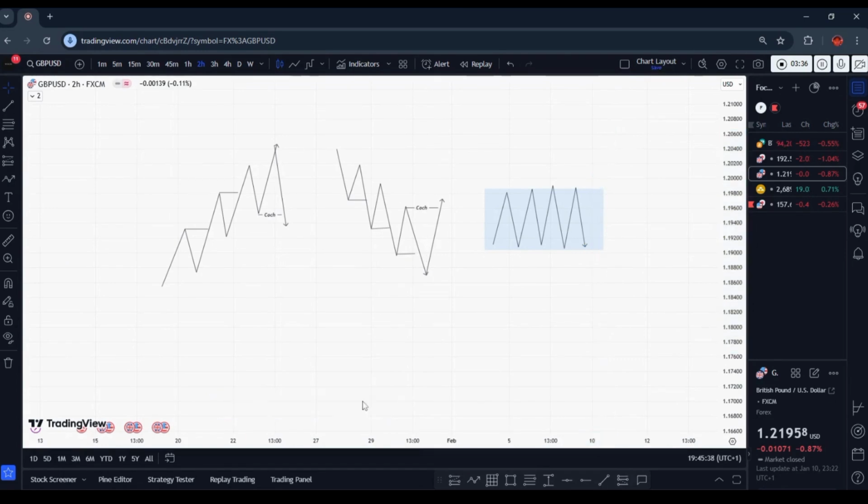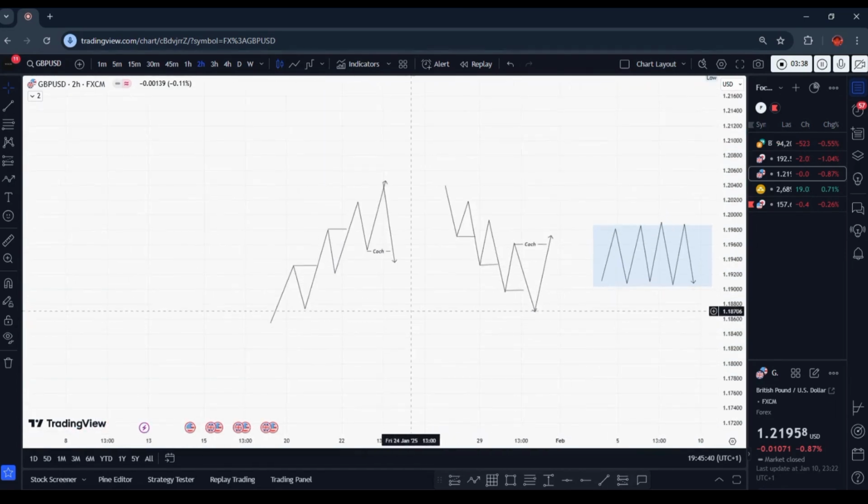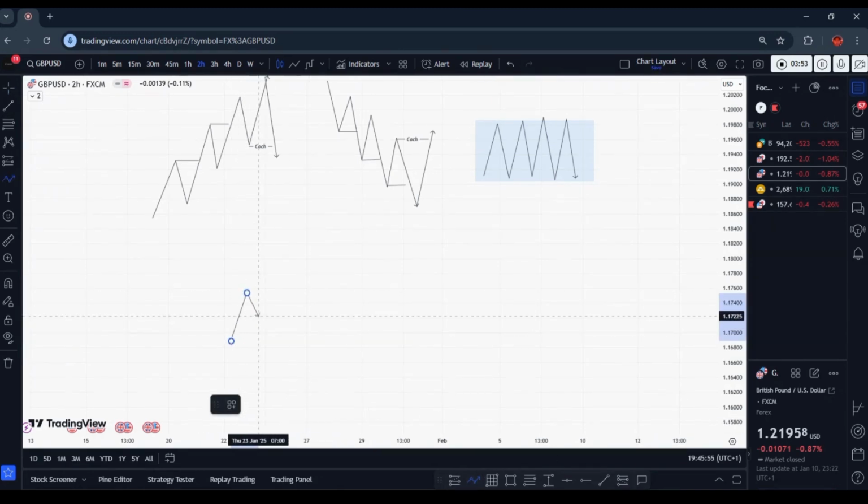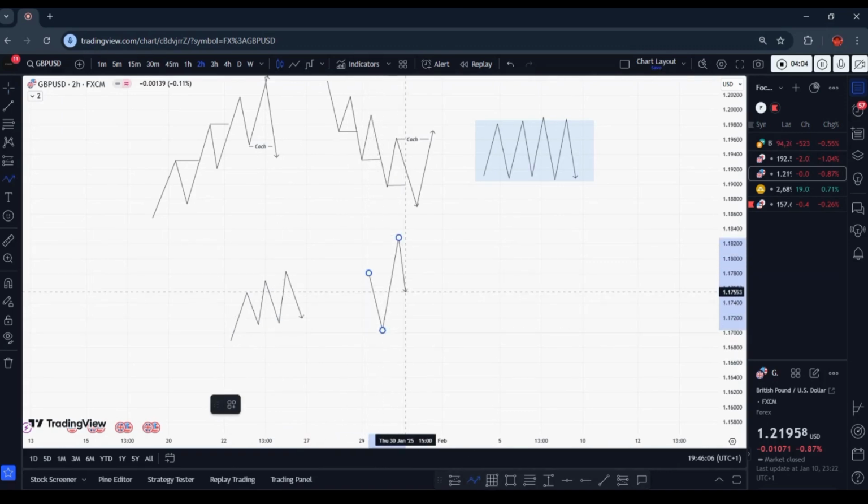So let me drop down to liquidity. In liquidity, we have different types of liquidity. We have trendline liquidity like this. We have inducement liquidity, like a fake break of structure or a false pullback.